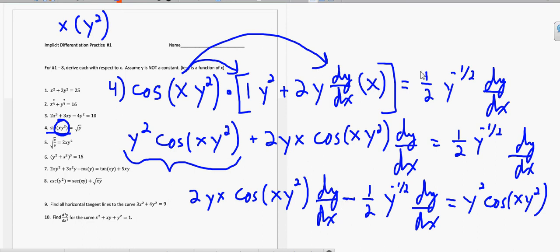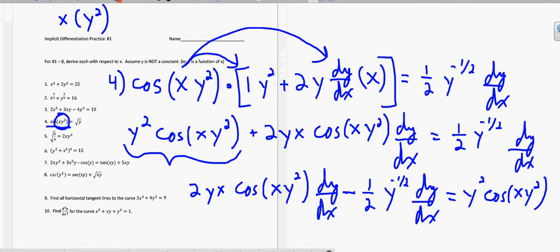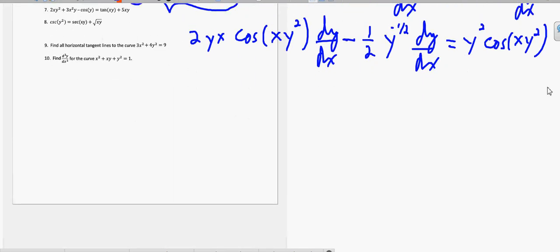Okay. Now, what do we got going on here? I'm going to slide all the way down the bottom. We've got more room, so we'll keep going down.